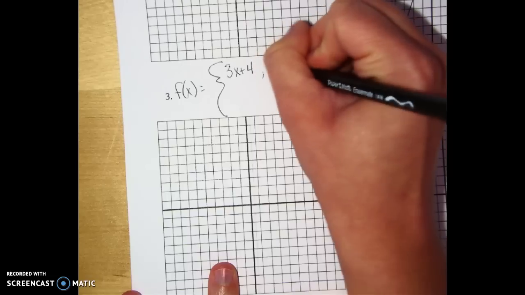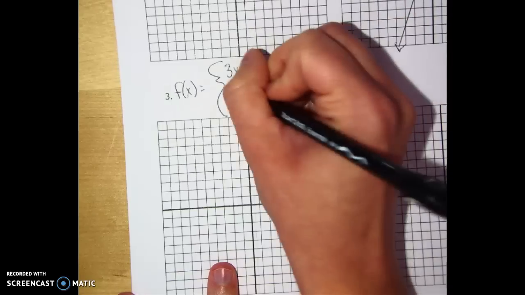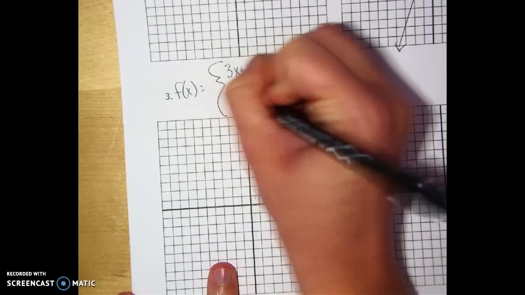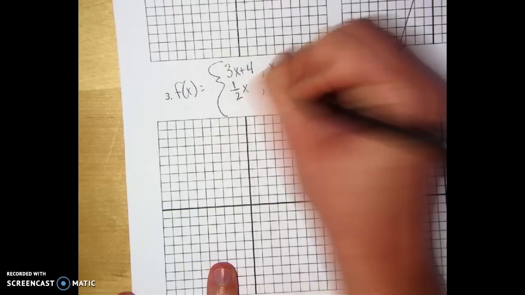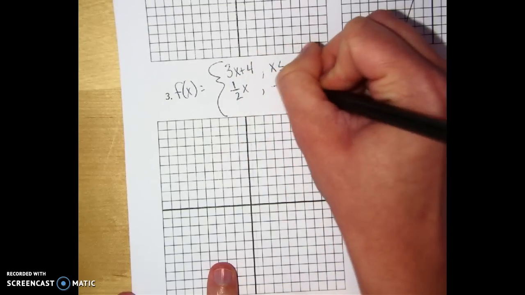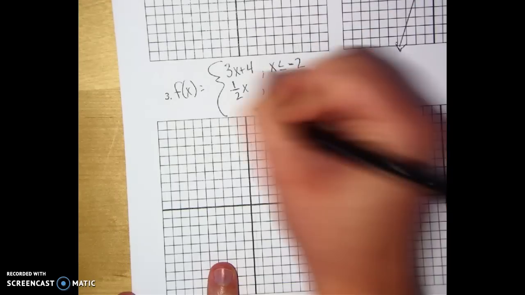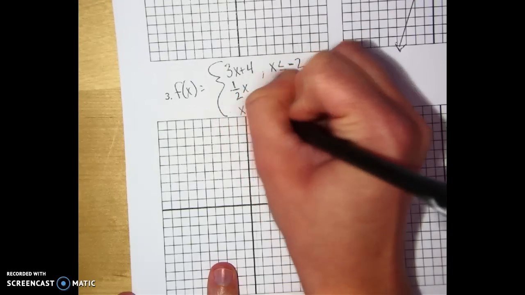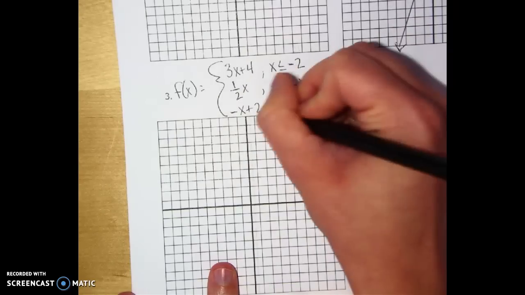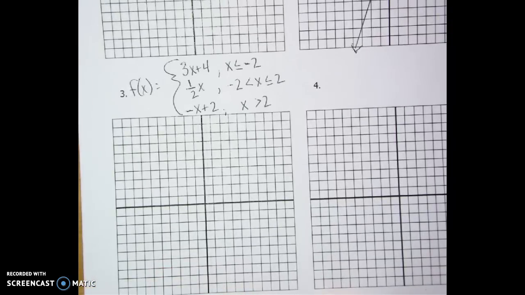If x is less than or equal to negative 2, the next one is 1/2 x, and that's when x is between negative 2 and 2. And the last line is negative x plus 2. and that's when x is greater than 2. Okay, so write these down and then go ahead and pause it so you can try it on your own.